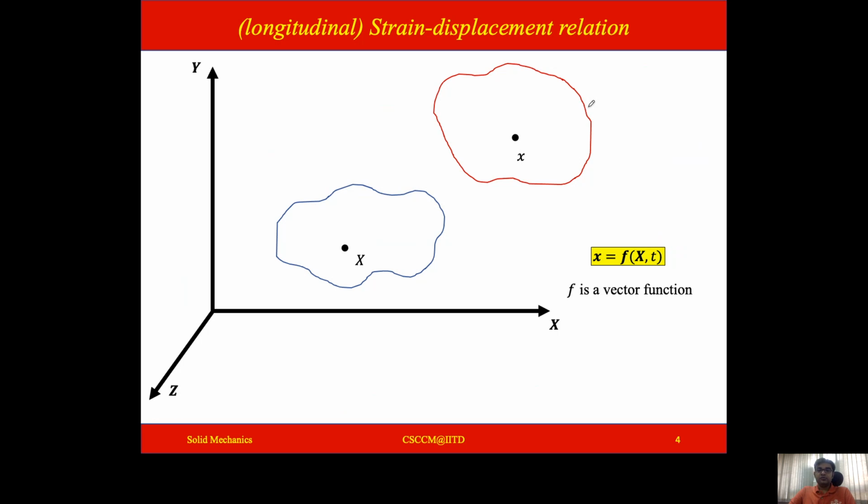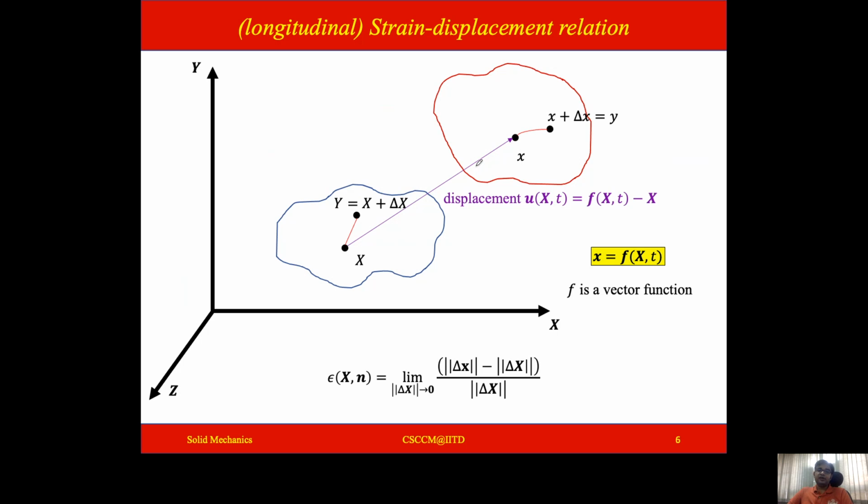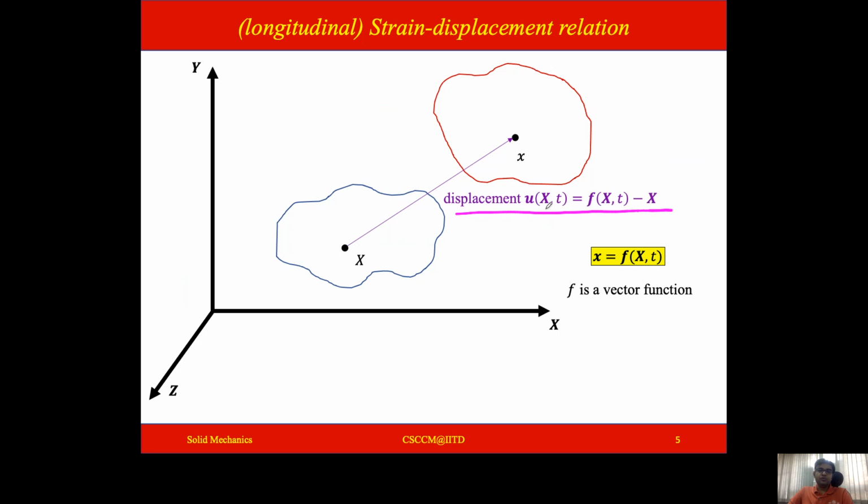And this one we talked about, that u is basically f of X minus capital X, because this is nothing but small x minus capital X. So this distance you are seeing now is basically u.